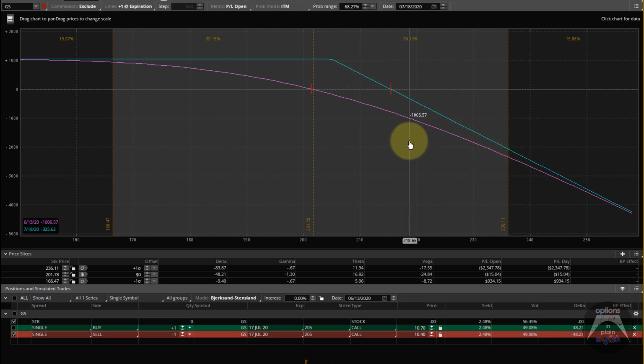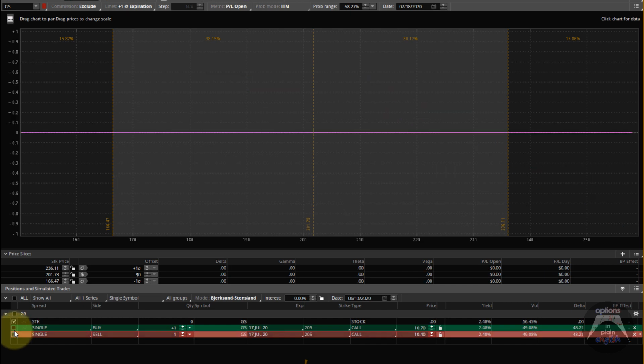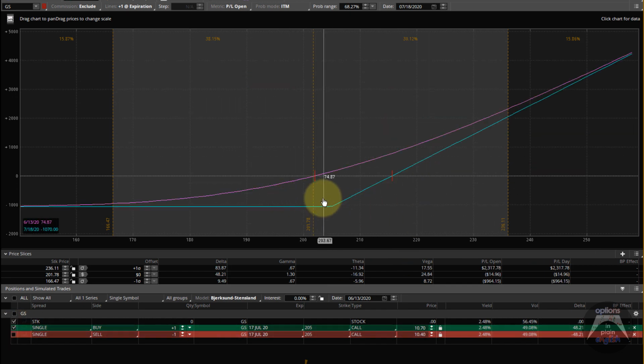So you have to understand that for you to enjoy the advantages of unlimited profitability and also profits that start to grow exponentially, because as you start moving, say for example here, if you look at the call here, okay, as you start moving in the money and deeper in the money, you're going to start getting more deltas.